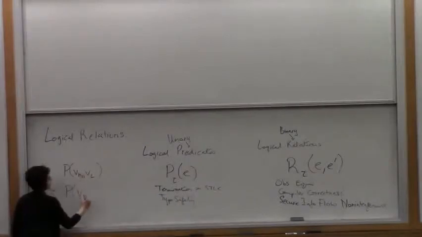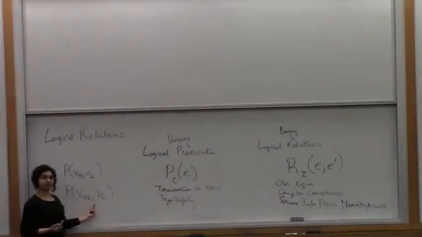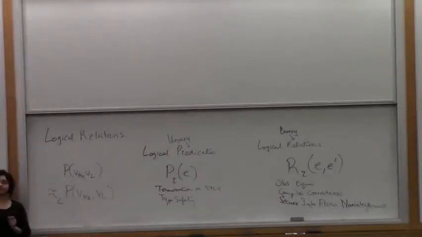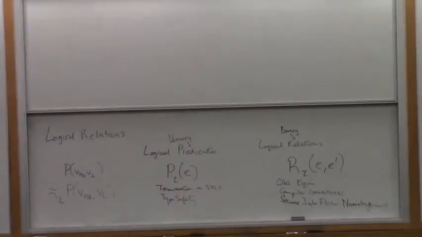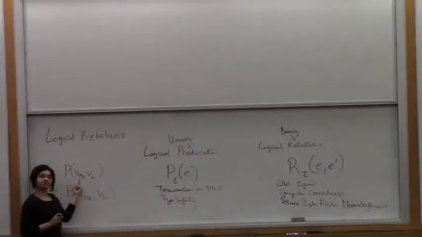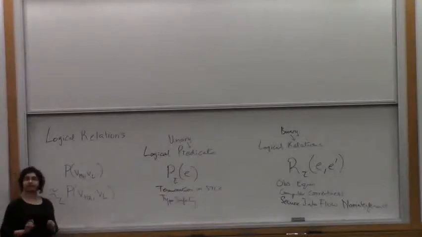You can run it with a different high security input and the same low security input, and you have to be able to get the same low security outputs. So a low security observer should not be able to distinguish the high stuff that you sent in, looking at the outputs of the program. So it's a form of equivalence. It's a more sophisticated form of equivalence because you have to take into consideration the level of your observer, which is this L here. Anyway, Andrew will get into all of that.